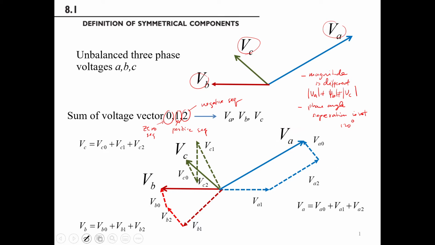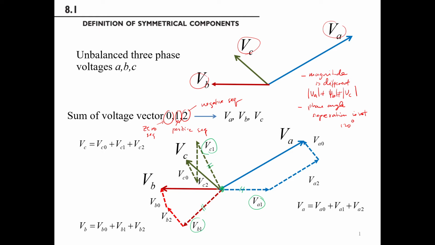Now I will try to highlight this to you to make this clear in just one slide. You see, for example, this V1. You can see VA1, VB1, and VC1. What are the properties when we compare just the positive sequence? For VA1, VB1, and VC1, the lengths of these arms are equal.